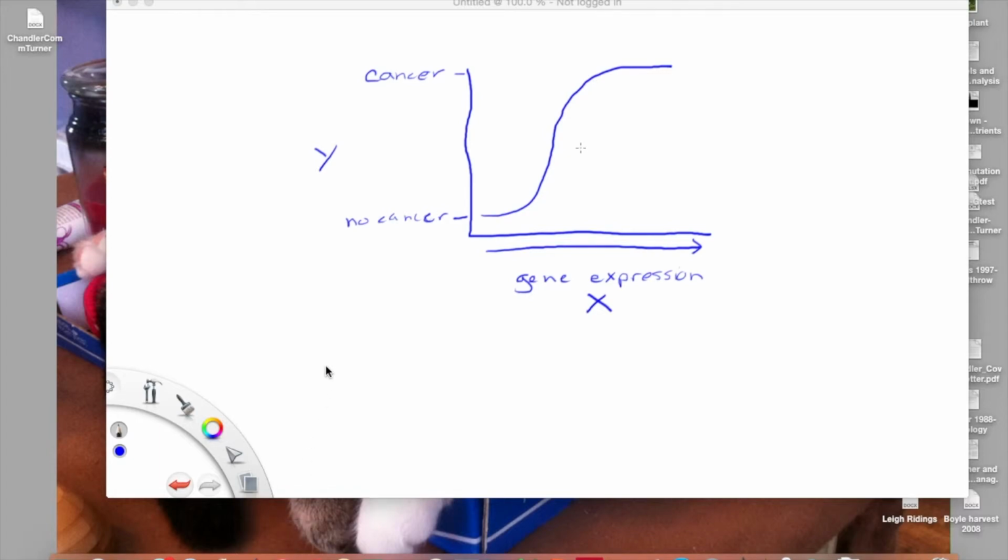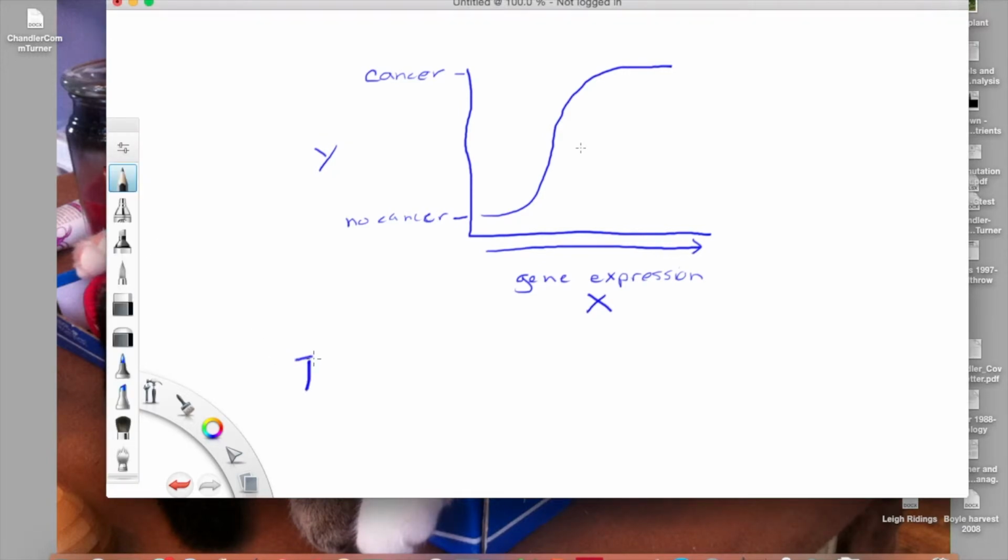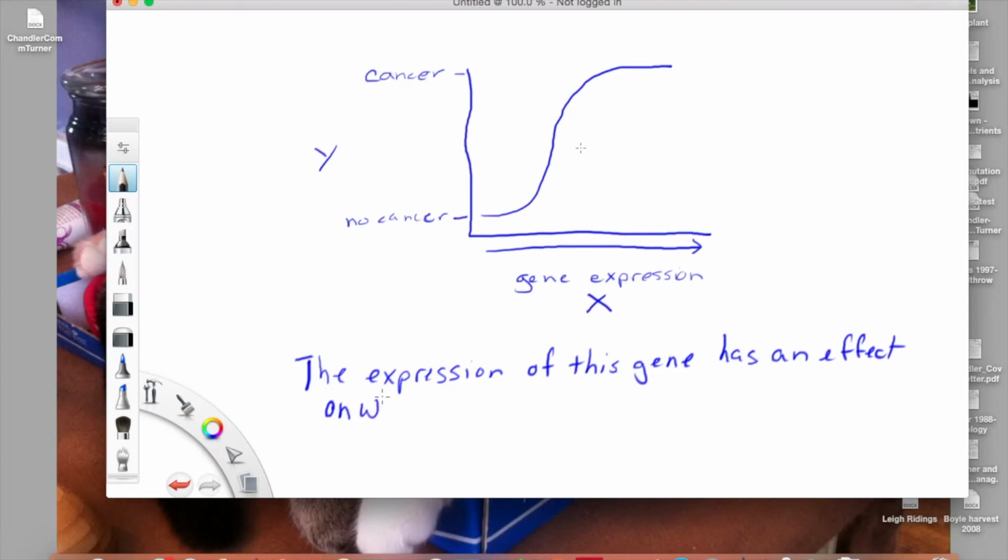So if that was the case, then we could have a result statement and we could say, the expression of this gene has an effect on whether or not individuals got cancer.